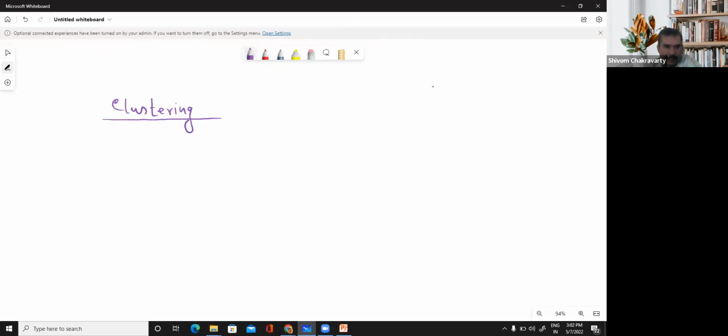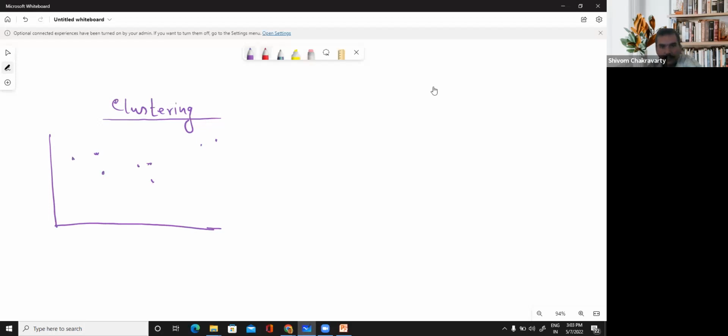So in clustering, what we are trying to do is, suppose now we have this kind of data points. We are not trying to fit a line or a curve to this.